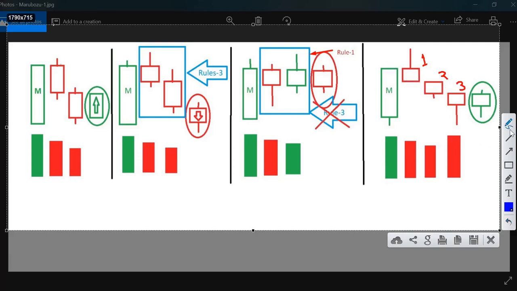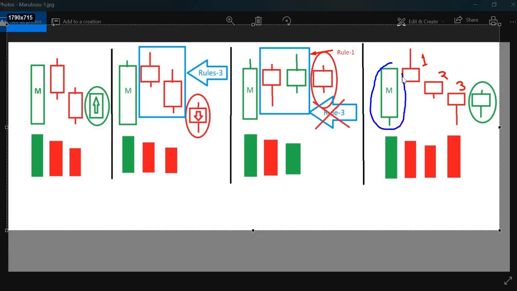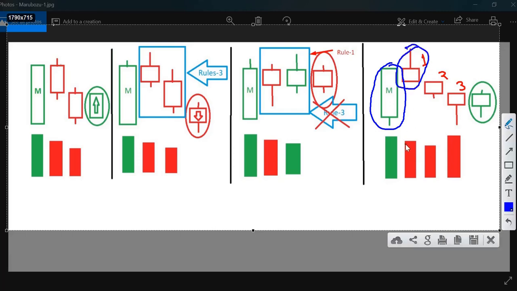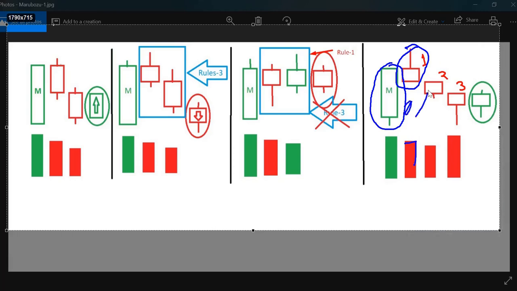Okay, now come to this picture. In this first candle, which party didn't enter? If we apply here, you can see that this is the first candle, a hammer candle, and the volume is low. That means we can apply the official 1 2 3 here, right?